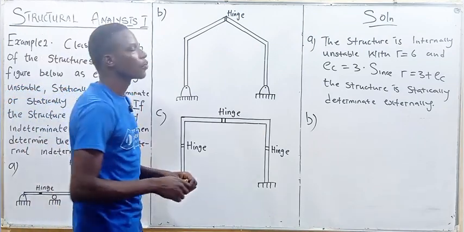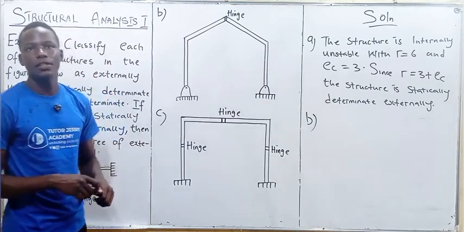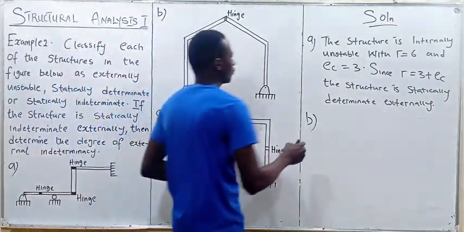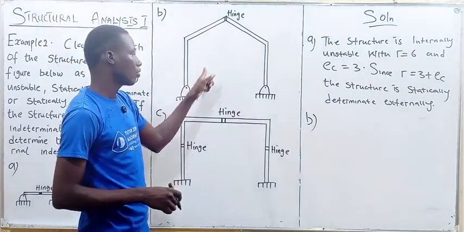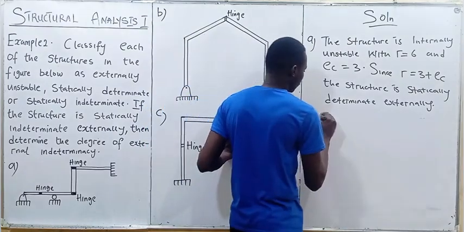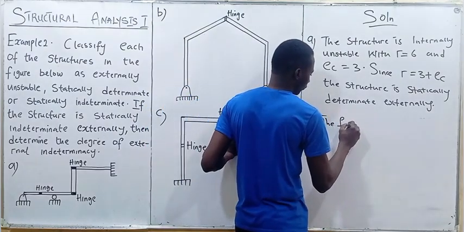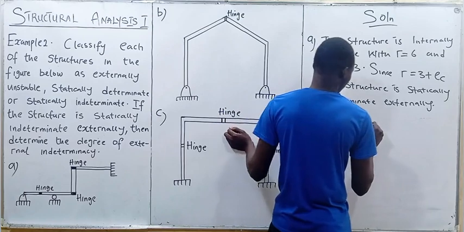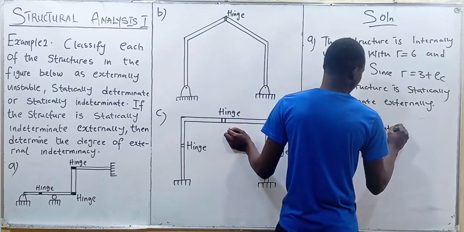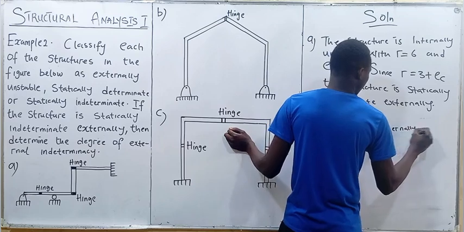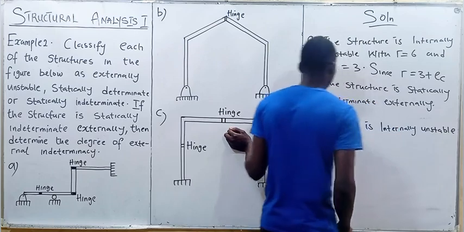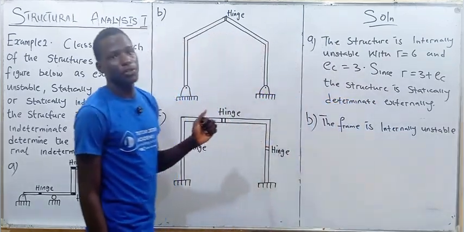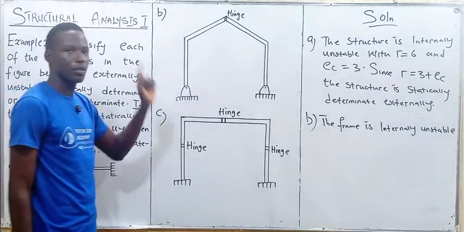So we say this frame is internally unstable. This is a frame, mind you, so it is internally unstable. Don't forget, our definition of a frame is a combination of beam and column.